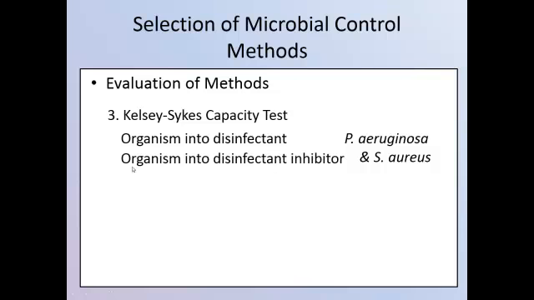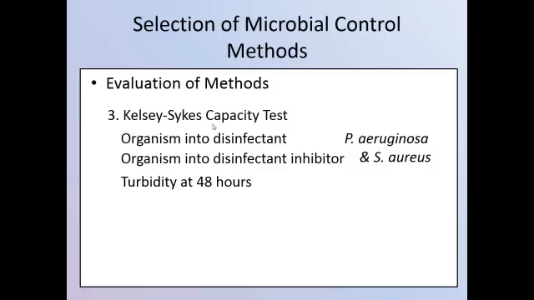Then we take out samples and put it into a disinfectant inhibitor, and we do this at standardized times, usually 1 minute, 3 minutes, 10 minutes. Then we check for turbidity at 48 hours for the same reason that we check for turbidity at 48 hours in the use dilution test, seeing what organisms can grow if you give them plenty of time.